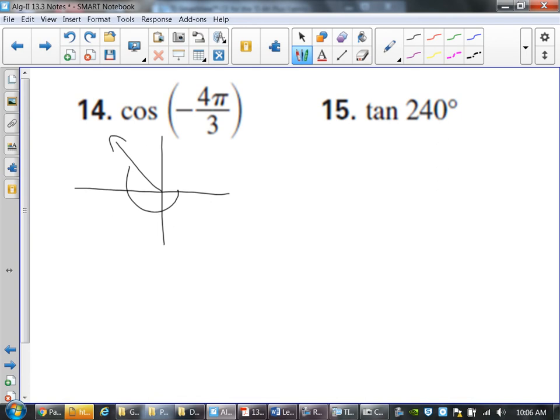Remember, it's always a positive difference, so it's pi over 3. Pi over 3 is which of the special right triangles? 60. Excellent, so it's the 60-degree angle. Cosine of 60 degrees is how much? 1/2. Is cosine positive or negative in the second quadrant?